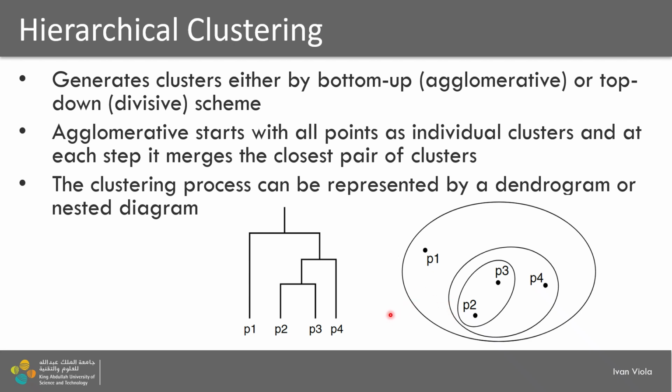So let's have a look at the right. We can see the so-called nested diagram, where we can see that the points P2 and P3 have been put into a cluster first. Then this cluster has merged with another cluster, which was the P4 point, into another cluster.